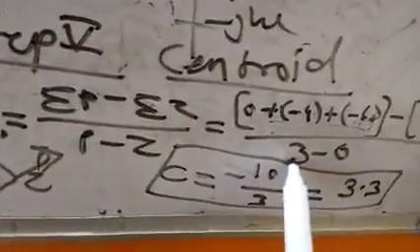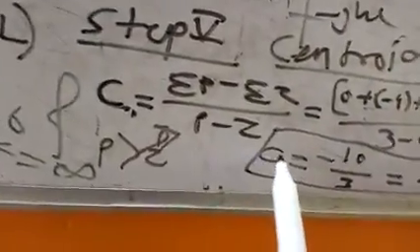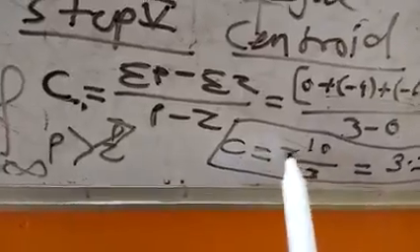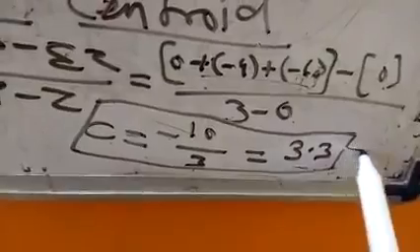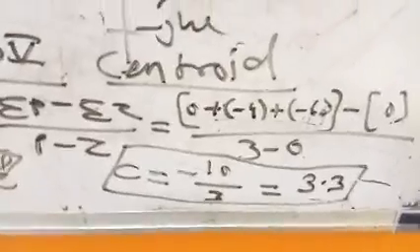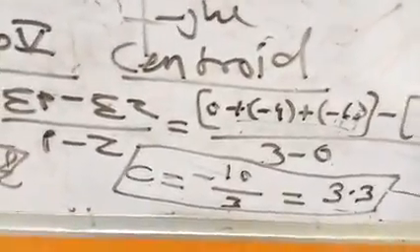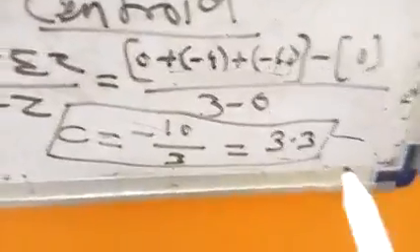There is no zero. The number of poles is 3, and the number of zeros is 0. So finally the centroid is -10 by 3, which is about -3.333. What is the use of the centroid? It is the intersection point of the asymptotes. When you draw the asymptotes, the intersection point is -3.3.